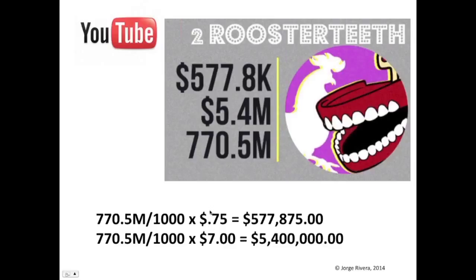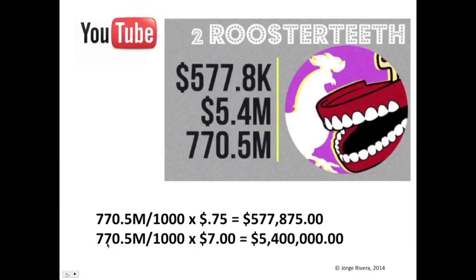On the low end, at the very minimum, YouTube pays about 75 cents per 1,000 views. So at the very minimum for that year, if you do the math, 770.5 million divided by 1,000 times 75 cents gives you $577,875 a year. So that's how we get this number, 577.8 thousand.